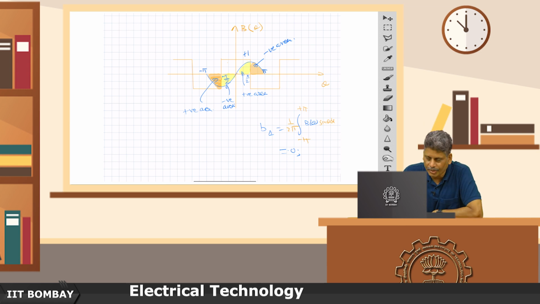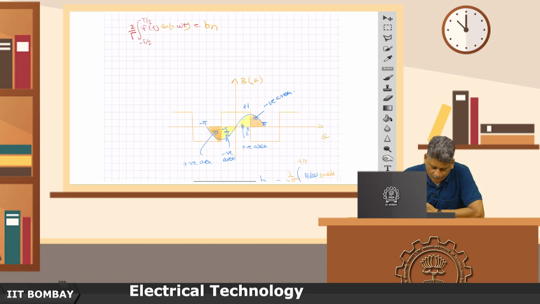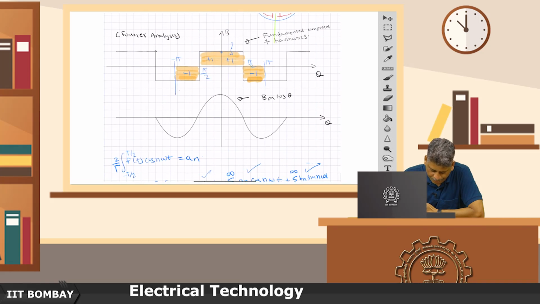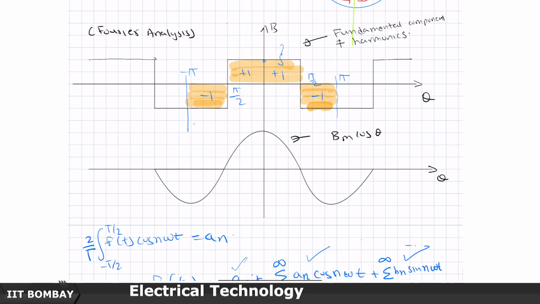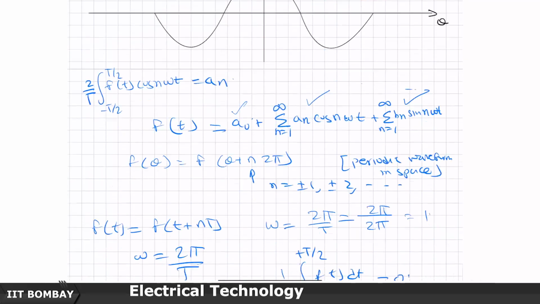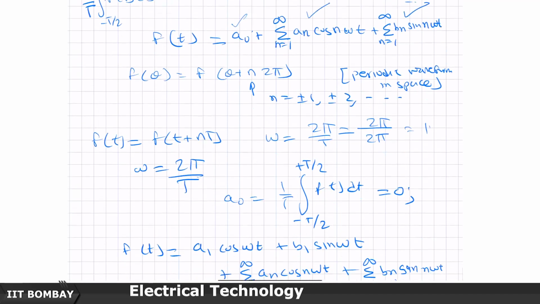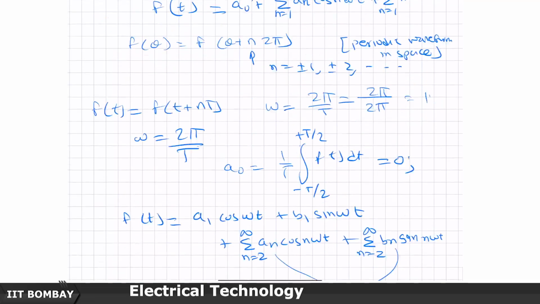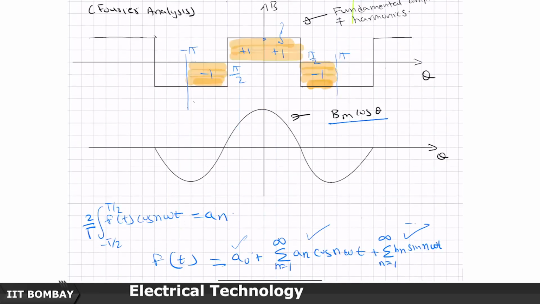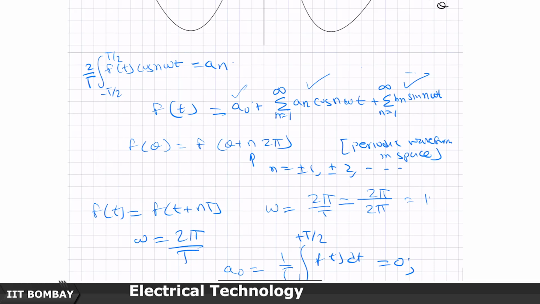So, this is why I said that the fundamental can be approximated simply, as a first approximation, and I am not going into harmonics, not too early to dive into harmonics. As a first approximation, this could be approximated as something like Bm cos of theta, where the Bm will be calculated from the formula of A1 that we have written somewhere.